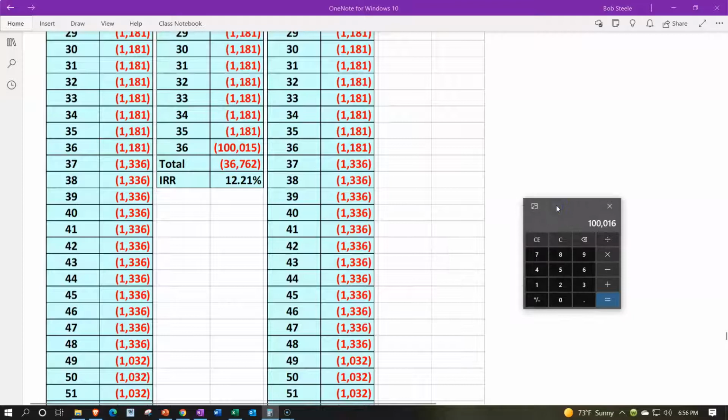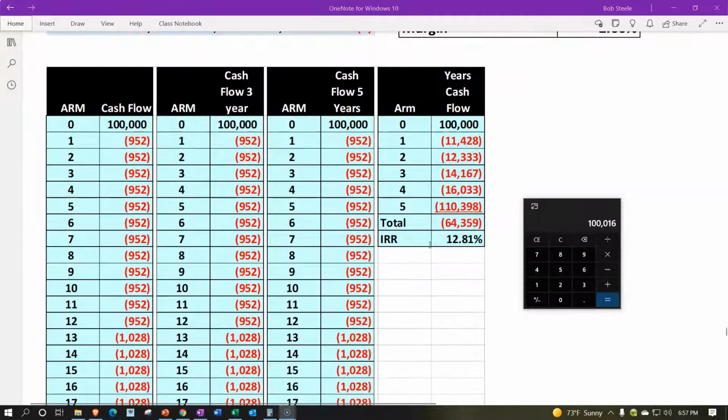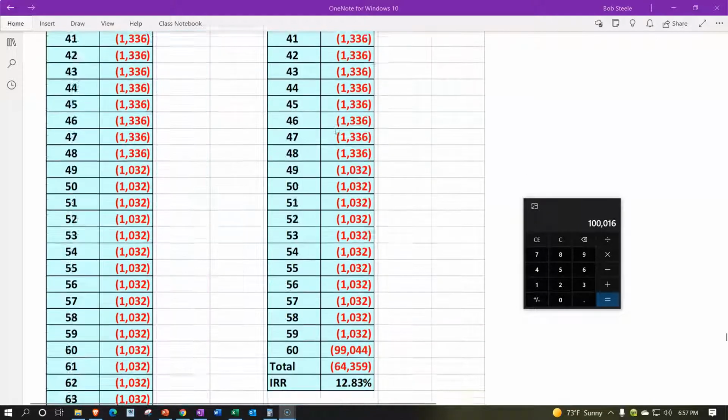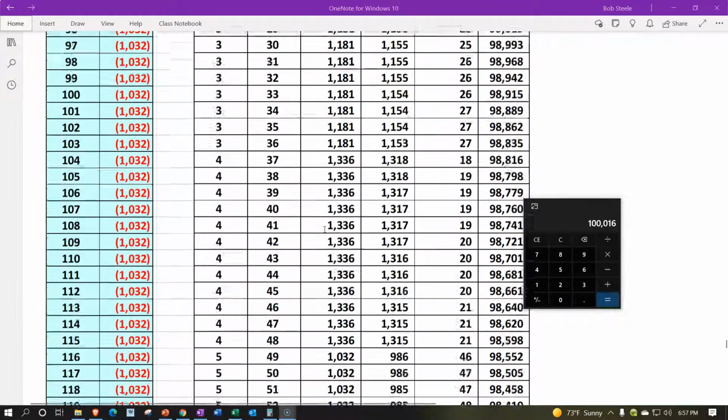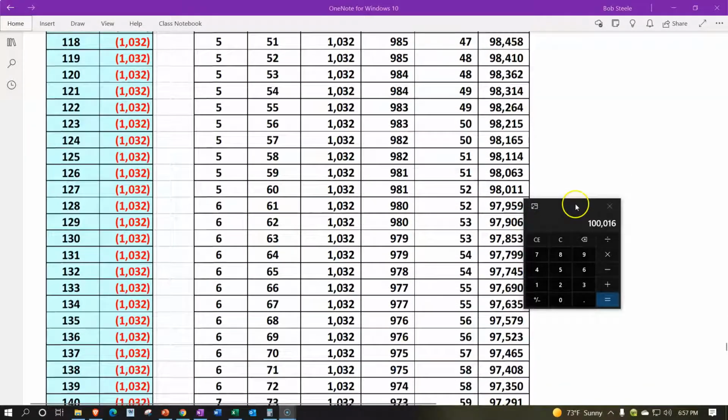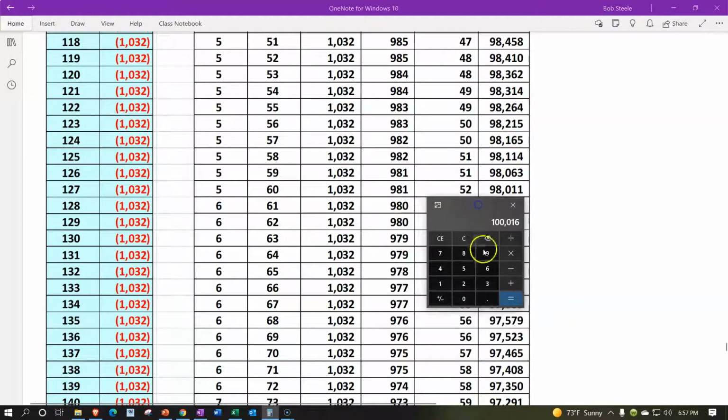And then we could do it one more time for the 5 years. So if we did the 5 year, the 100,000, and then we took 5 times 12 gives us 60. And then that last payment, once again, is after 60. So if I look at my amortization table for 60 periods, we'd have to pay off the loan balance right there at the 98,011 plus the last payment 1,032.